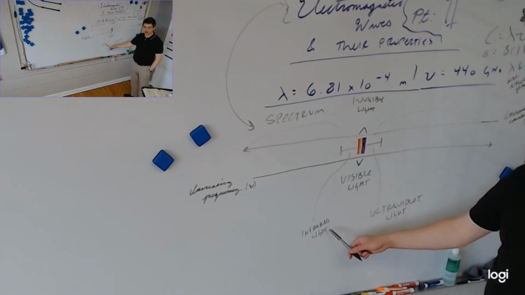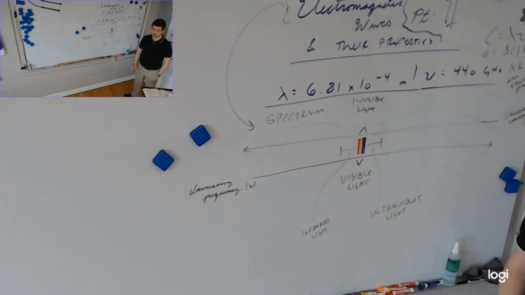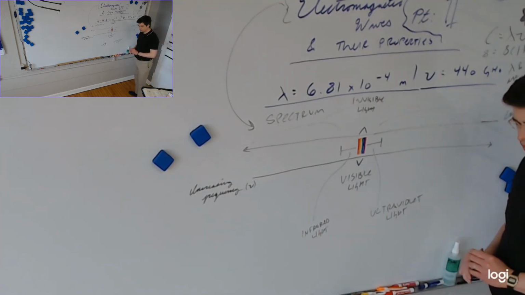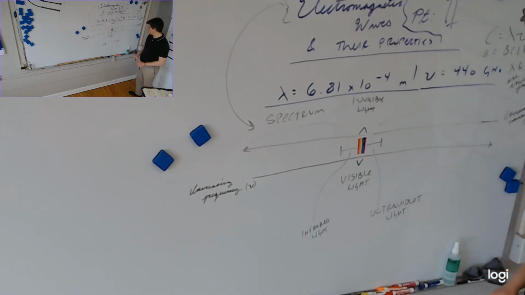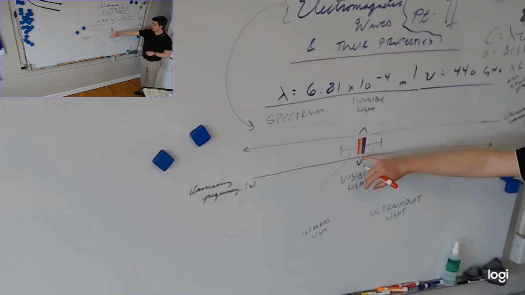In fact, I'm going to tell you how infrared light was discovered. I think it was William Herschel. It was either William Herschel or Isaac Newton. Isaac Newton invented the prism that allowed him to divide white light into these different colors. So the visible light divides out, actually the whole thing divides out.